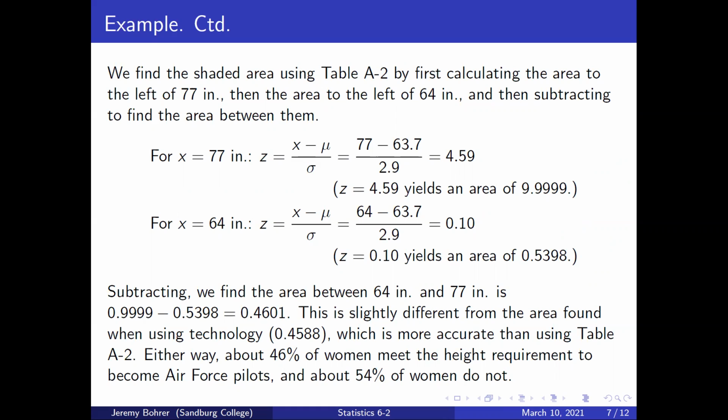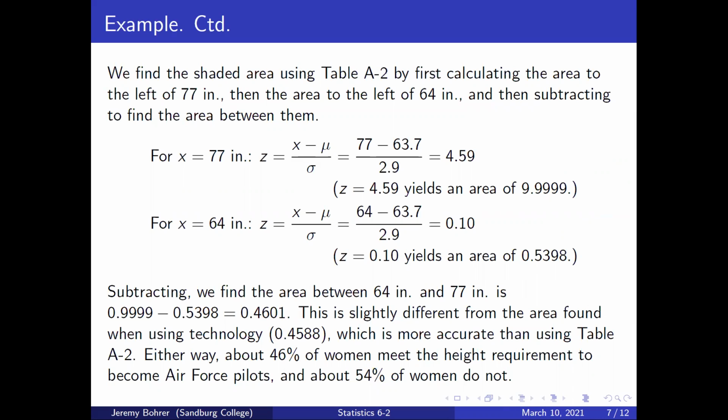For x equals 77 inches, z equals 77 minus 63.7 over 2.9, which is 4.59. So that yields an area of 0.9999. For x equals 64 inches, z equals 64 minus 63.7 over 2.9, which is 0.10. That yields an area of 0.5398.